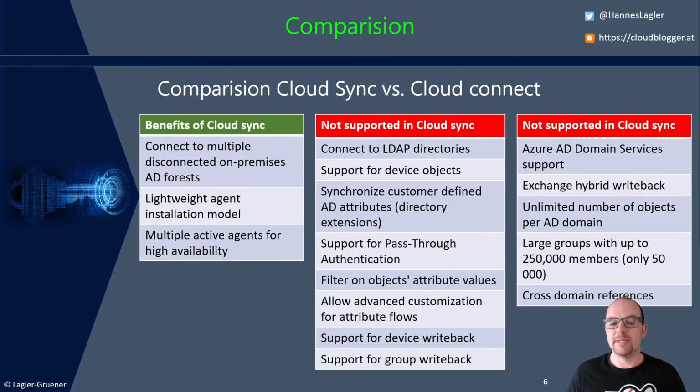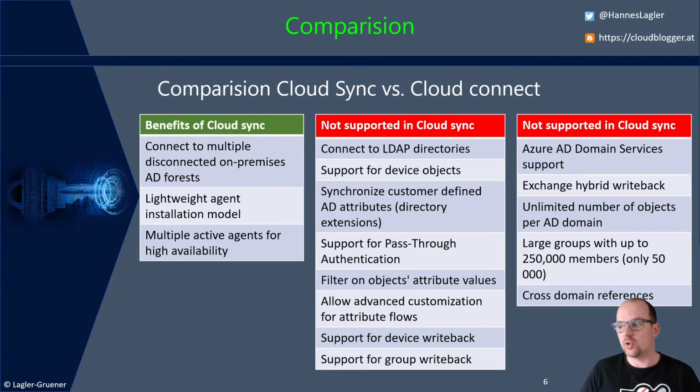And there are some limitations about larger groups, but 50,000 group members is, from my point of view, really enough. So that's the overview about what is supported, what are the benefits compared to Cloud Connect, and what is not supported in Azure Active Directory Cloud Sync.